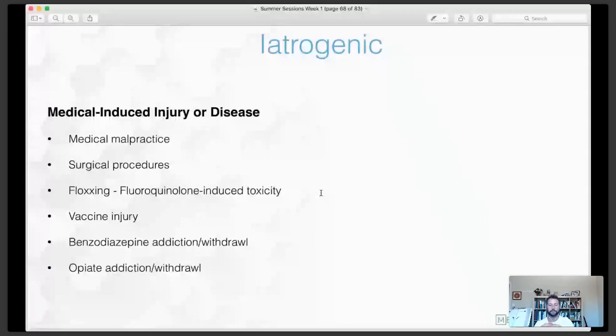But you want to just look for any drug or any medical procedure, whether it's a vaccine injury or fluoroquinolone toxicity or benzodiazepine withdrawal or opiate addiction or withdrawal. You want to just pull it out and just see, is this going on?